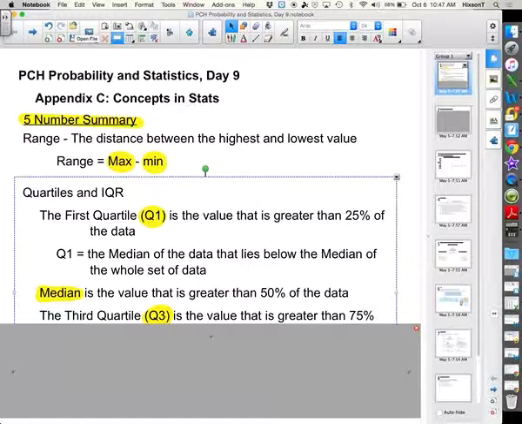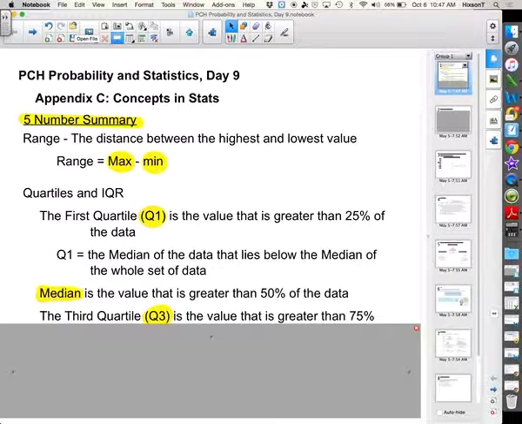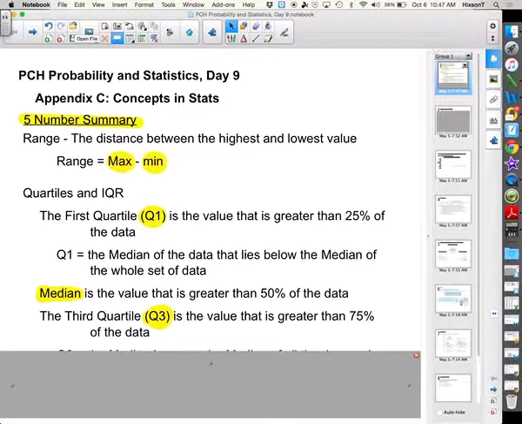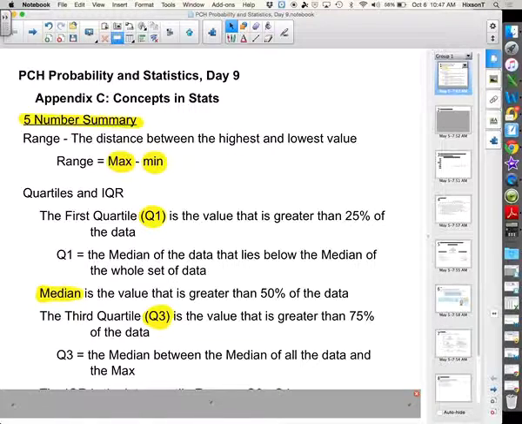All right. So that's our 5-number summary. Now the third quartile, remember we said is the value that's bigger than 75% of our data, and it's the median. Okay, notice there are 3 different medians that we have to keep track of here.